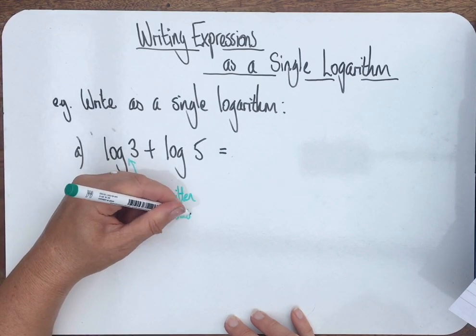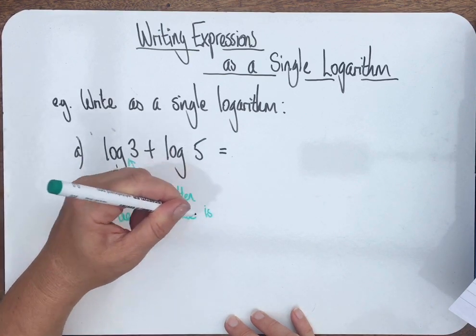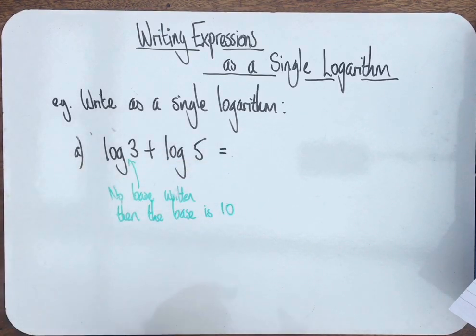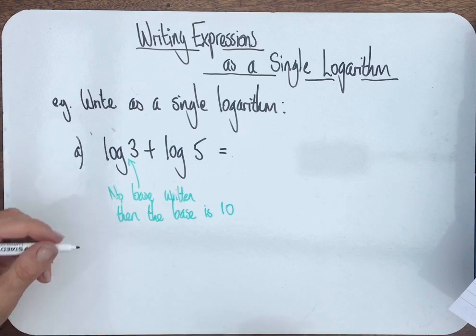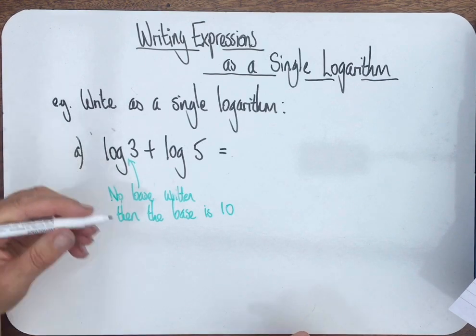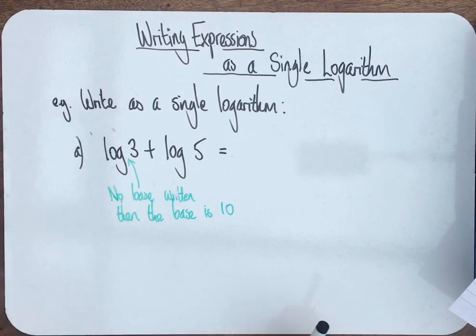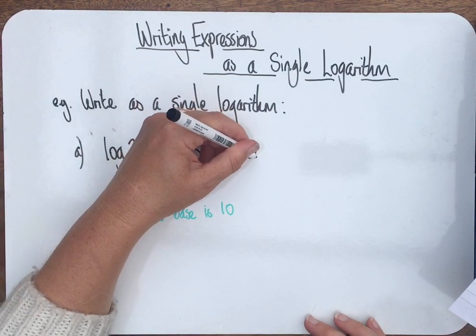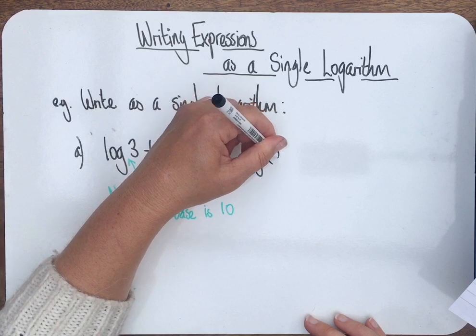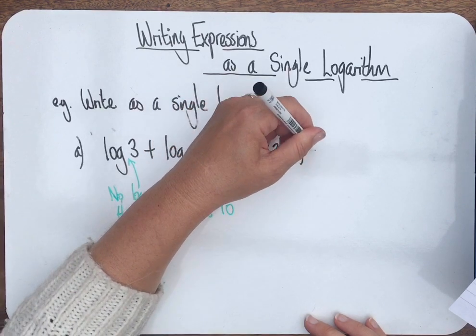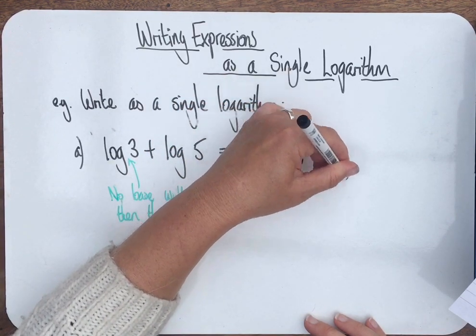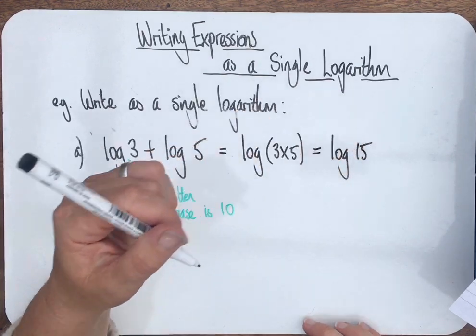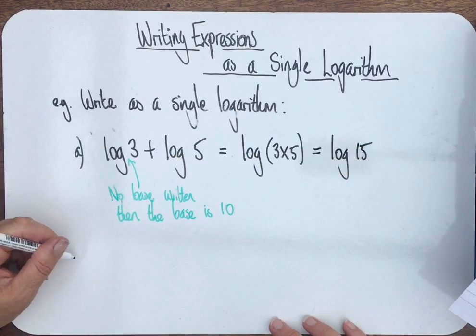So on your calculators, which we will be using soon, the logarithm button on your calculator is a base 10 logarithm. So log A plus log B is the same as log of A times B. So that's equal to log 15.